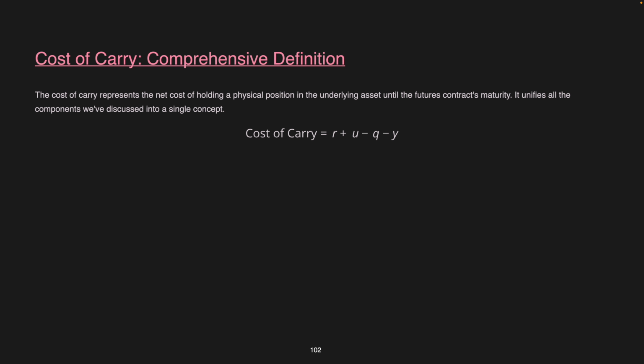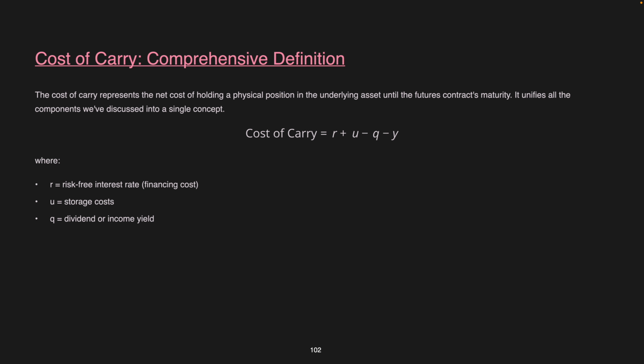So generally we can say the cost of carry is equal to r, the cost of raising finance through the risk-free rate, plus the storage cost u, minus the yield q which you receive from any financial product, minus the convenience yield y of any commodity you are holding.